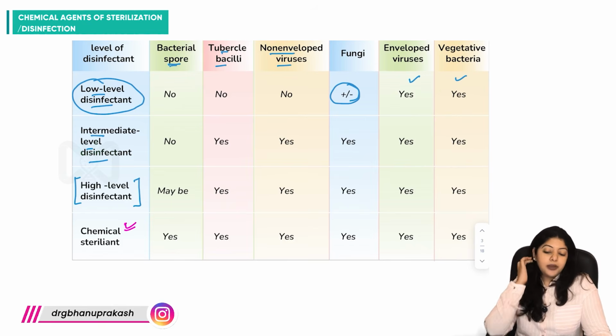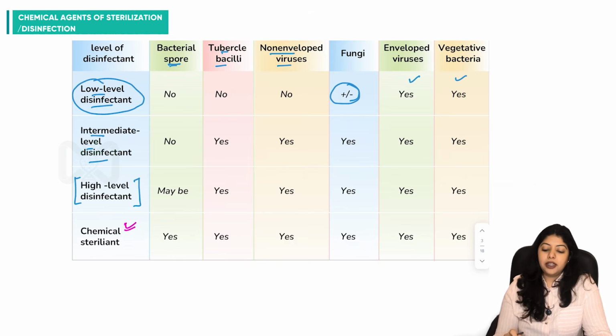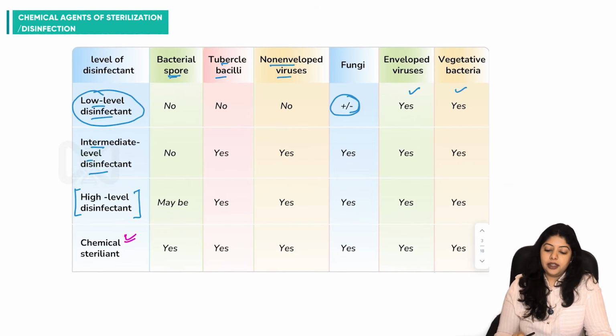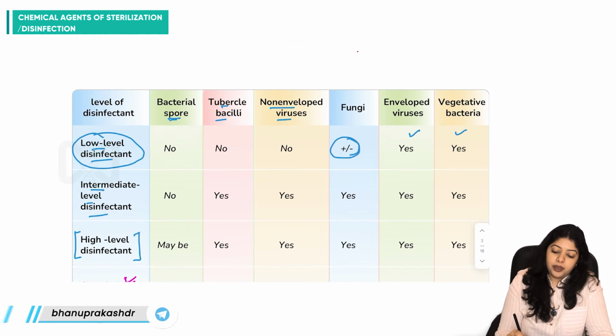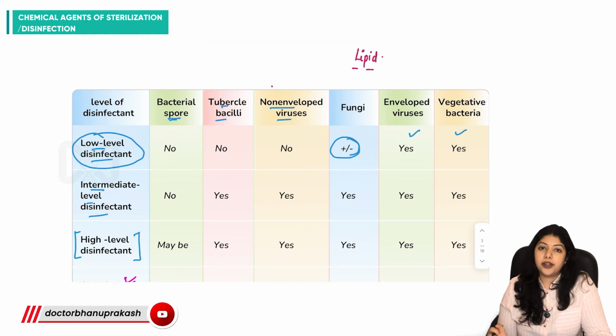So why do we consider that it is easier to destroy enveloped viruses over non-enveloped viruses? Because enveloped viruses are made up of a lipid envelope. And these agents are very easily able to disrupt the lipid component. The lipid gets dissolved and they are easily able to destroy such viruses.